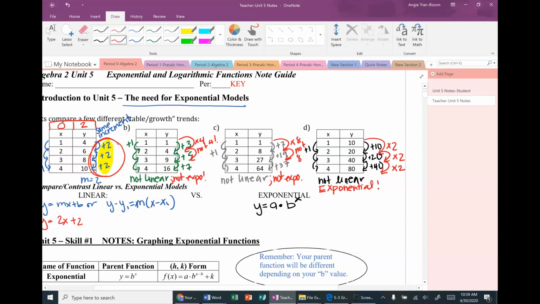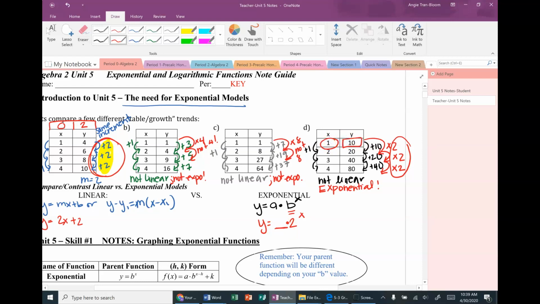Okay, so now how do we write an exponential? Let's focus on the base really quickly. Your base will be this guy right here. So that's going to be 2 to the x. Now the a value is going to be, what do we need to fill in so that when I put 1 in for x, I would get an output of 10?